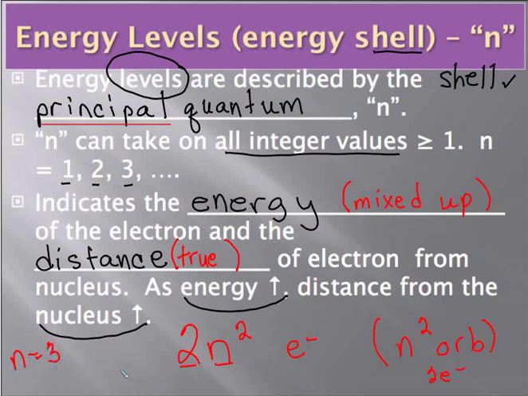So if we're at the n equals 3 or third energy level, 3 squared is 9 times 2 is 18. So energy level 3 will be able to accommodate up to 18 electrons comfortably, meaning all of your attractive forces have been maximized and all of your repulsive forces have been minimized. That perfect balance between the two of those.